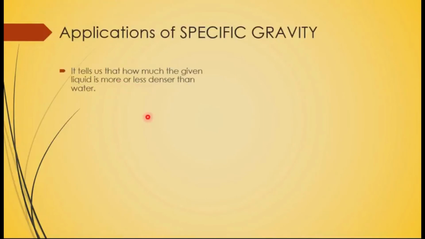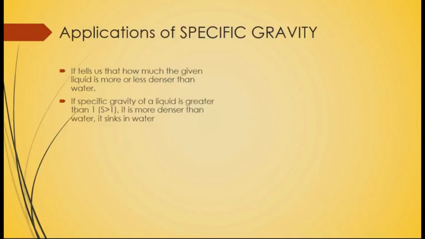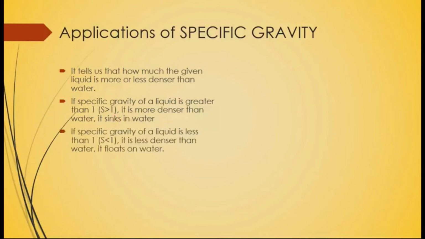And what are the applications of specific gravity? It is just a measure that shows us how much denser or less dense a liquid is than water. For example, if specific gravity is more than 1, we can say it is denser than water. If any liquid has a specific gravity less than 1, we can say it is less dense than water and it floats on water.